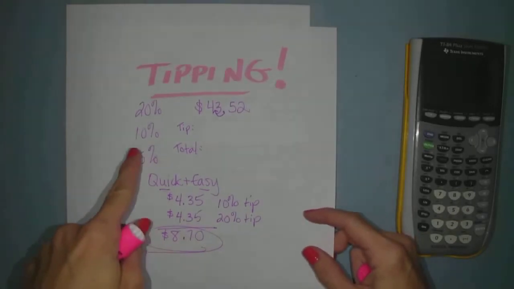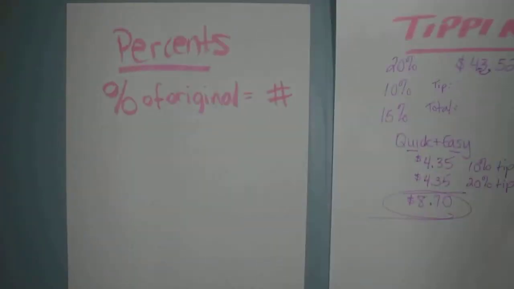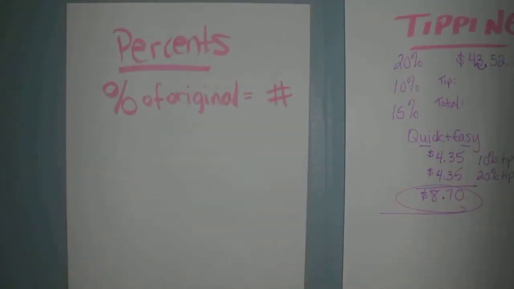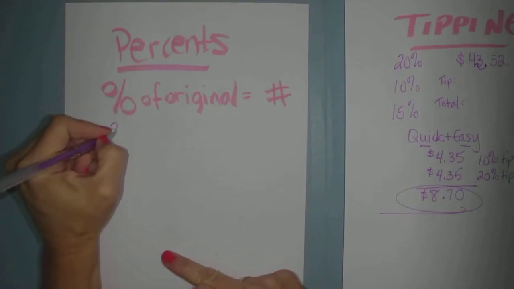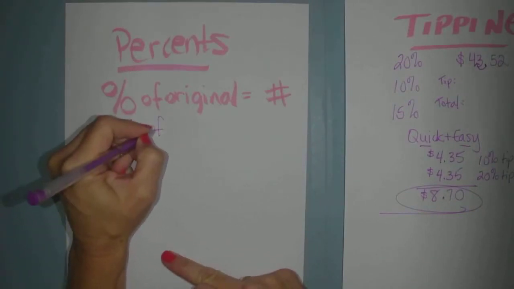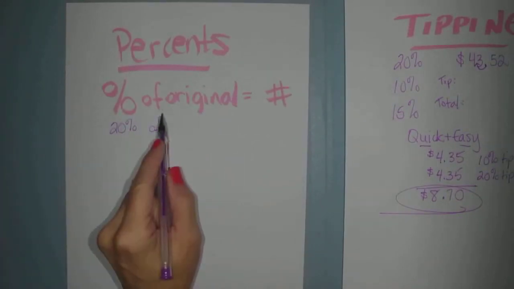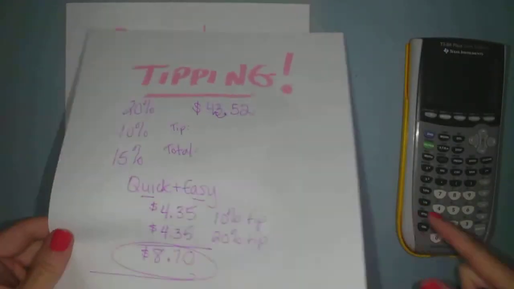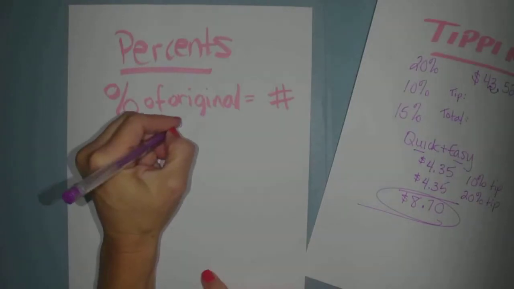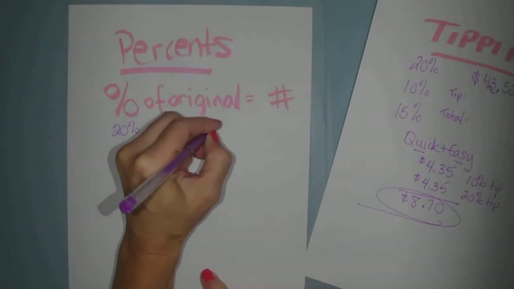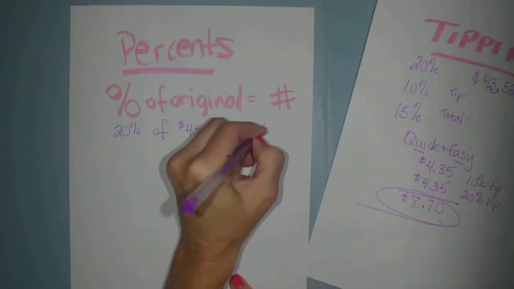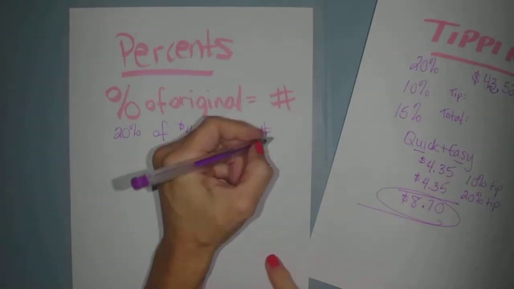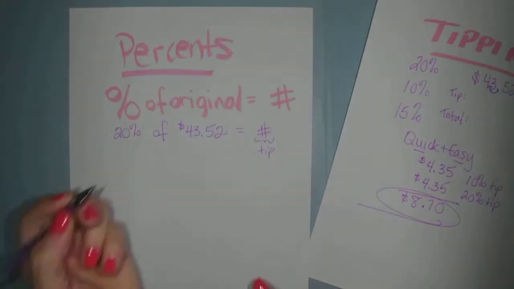For example, if I want to do 20%, let me get my purple pen here, 20% of the original bill, which if you remember was $43.52, equals what my tip should be, some number. In this case, this would be the tip.